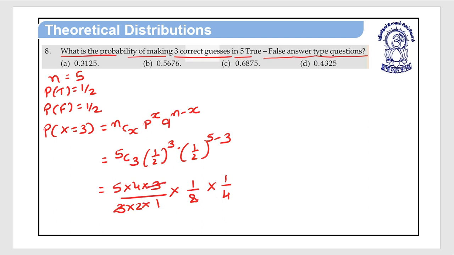That is equal to 5 by 16, which means 0.3125. So option A is the right answer.